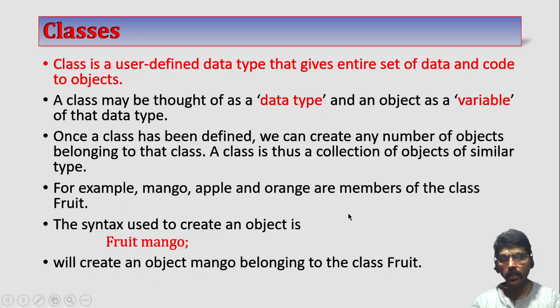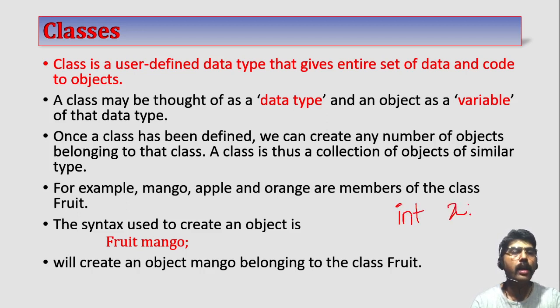Now, this concept you already learned in the previous sessions in C programming. For example, if you are creating a variable this way, int x, here int is just like a class and x is just like an object.